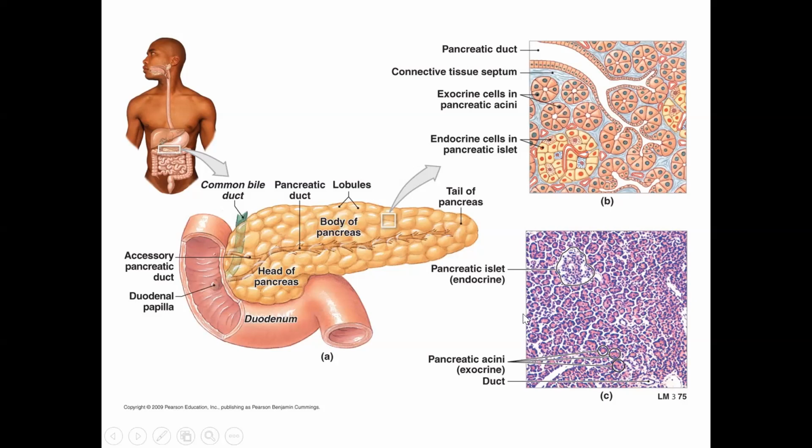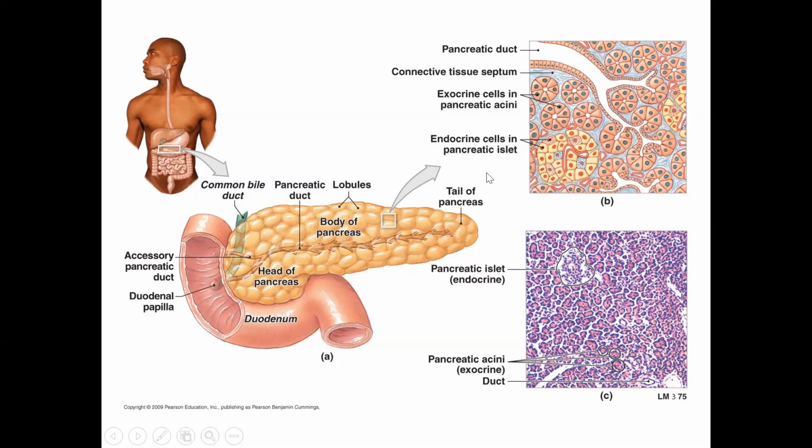If you look at this drawing on the top here, these are the typical exocrine gland structures. It is a gland specialized from epithelial cells, which we call acinar cells. Do I have it labeled here?